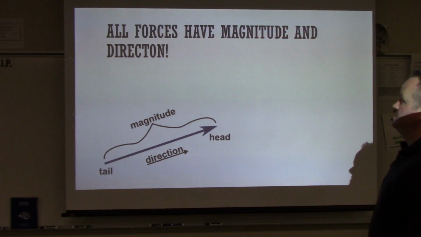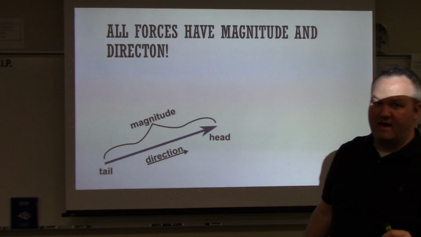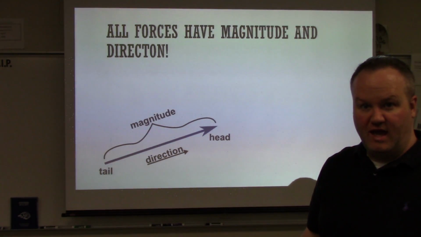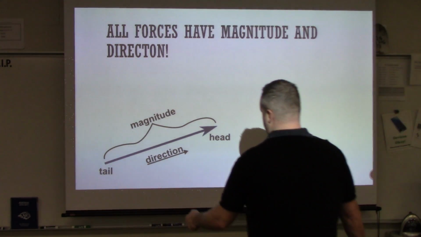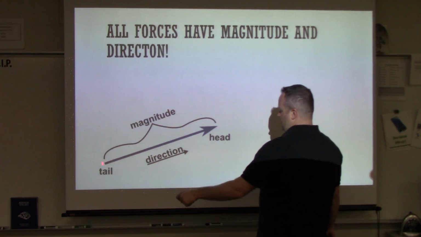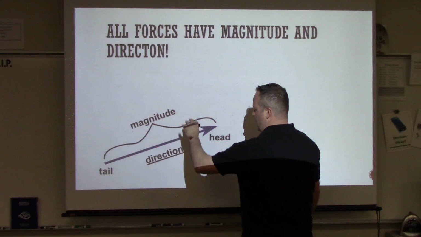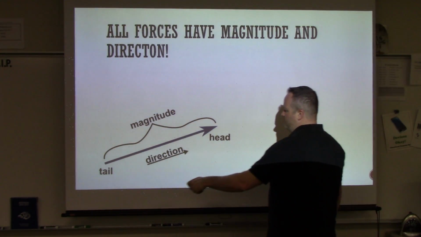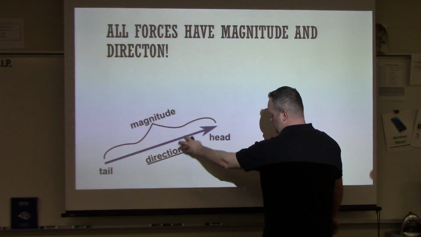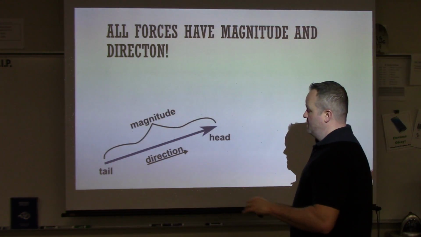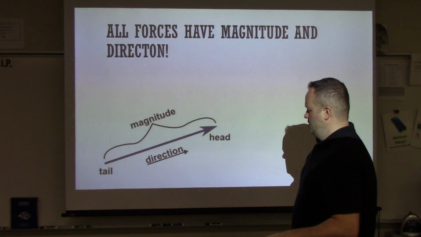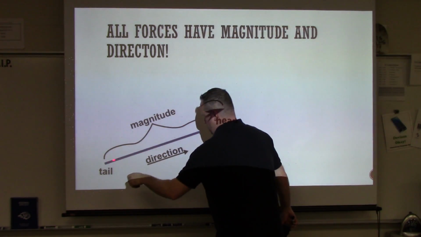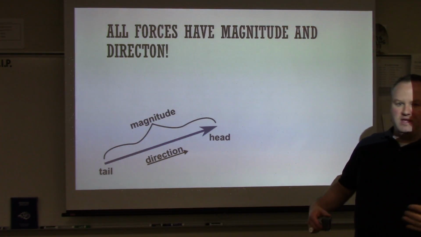One thing to throw out is that forces have a magnitude and direction. Magnitude is the amount, or the number of newtons of force that's there. On a vector diagram, which is what this is called, the length of the line is going to depend on how much force.